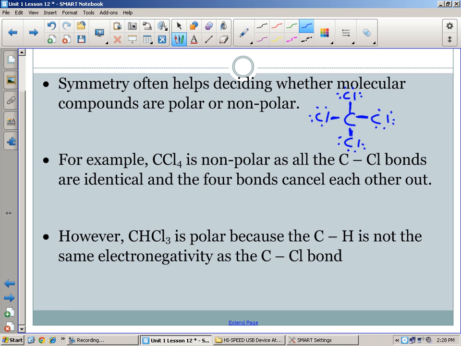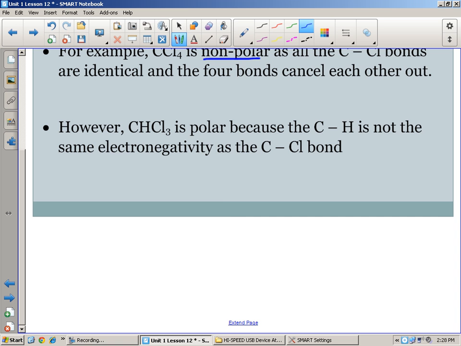2.6, 3.2. Electrons would get pulled this way, that way, and that way. The question becomes, do all those forces cancel each other out? And the answer is yes, they do. How do I know? Because it tells you it's nonpolar. So they all cancel each other out. But, for example, this one down here.